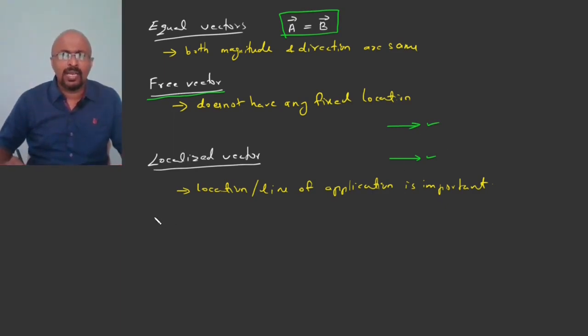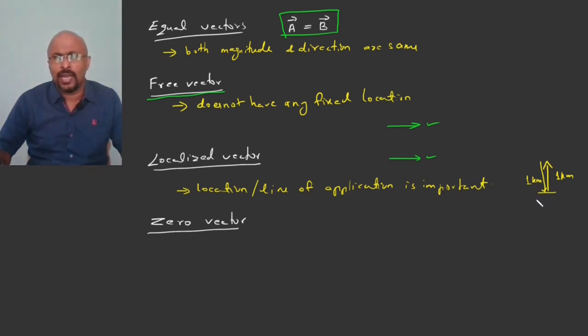Another type of vector we are going to study is a zero vector. What is a zero vector? Let's consider a person travels 1 kilometer north and after that he returns 1 kilometer back to the south. What is the difference between the initial and final positions? It is 0.